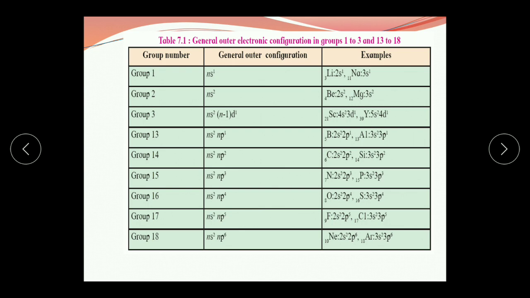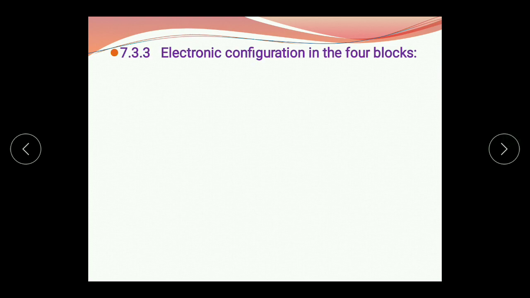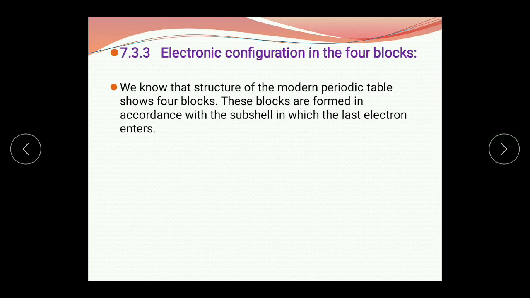Now we will consider the electronic configuration in the 4 blocks. We will see them one by one. The structure of the modern periodic table has 4 blocks. You know them very well. The blocks are named according to the subshell in which the last electron enters.